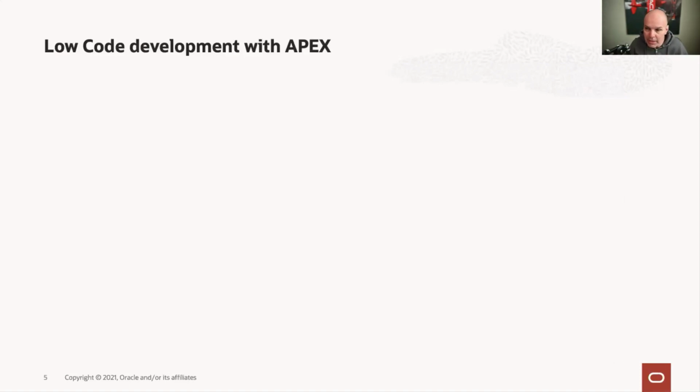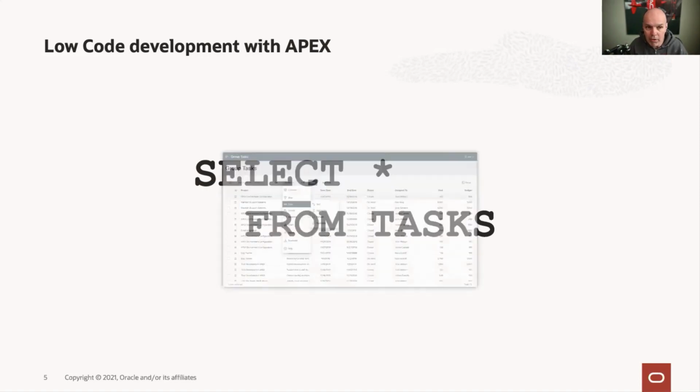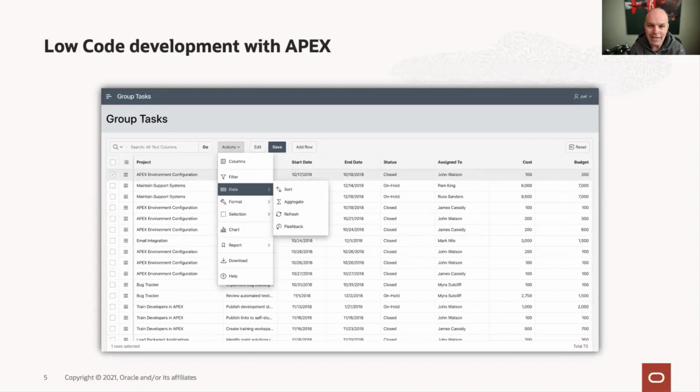Contrast this with something like Apex, where you can have an underlying table that has data, or a view, or a SQL query, and you can put one of our rich data-friendly components on top of that query or view or table, and you get a wealth of functionality out of the box. And this is what I'm showing here as an interactive grid.